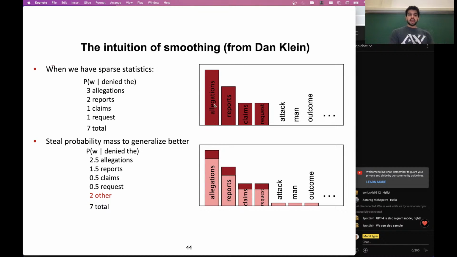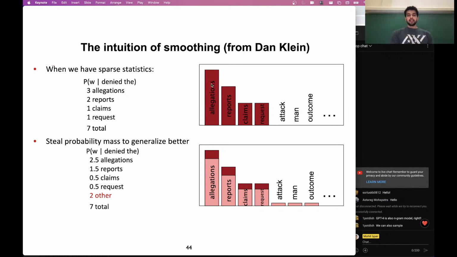So here we see allegations, reports, claims, request. Actually, in this example, there were 3 occurrences of allegations and 2 of reports. So let's say we steal 0.5 of the count from each of these, and so now we have 2 counts that we've stolen from our observed counts that we can distribute across all the other words in the vocabulary.